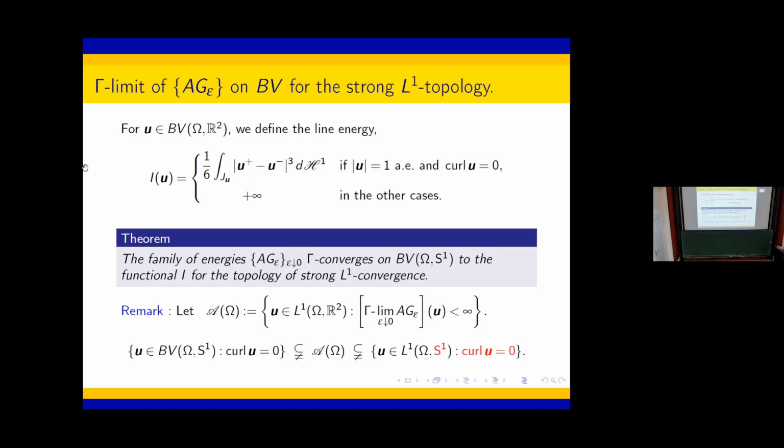In fact, the result of Ghiraldin and Lamy says that you have something which is a Besov space, the intersection of the Besov space and the constraint. But I want to insist here that since the curl is a linear differential operator, at the limit you still have this.